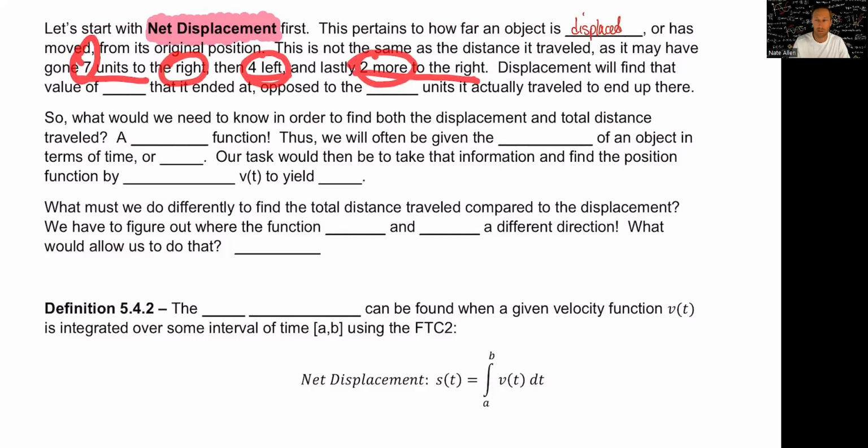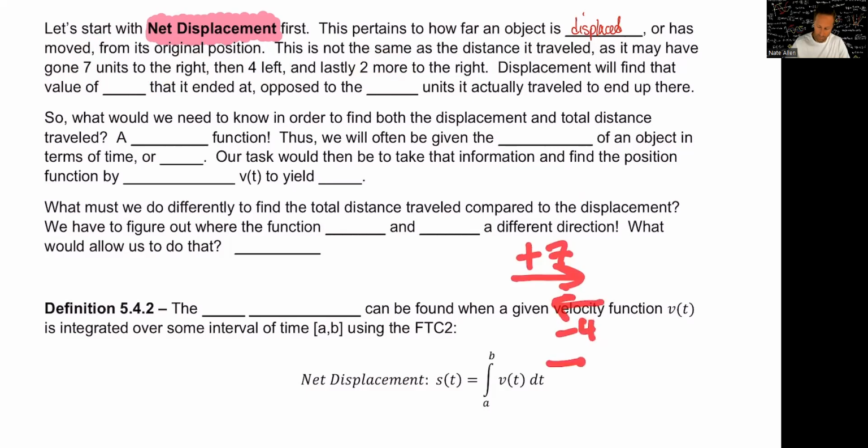But the displacement will only talk about from where it started and went right 7, then left 4, then right 2 more.